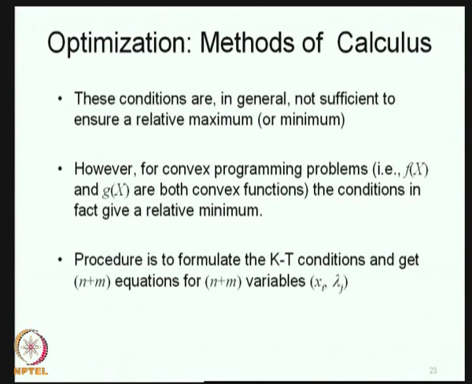And how do we use this? We state the Kuhn-Tucker conditions depending on the nature of the objective function, whether it is minimization or maximization, and the nature of the constraints, g j of x less than or equal to 0 or greater than or equal to 0.